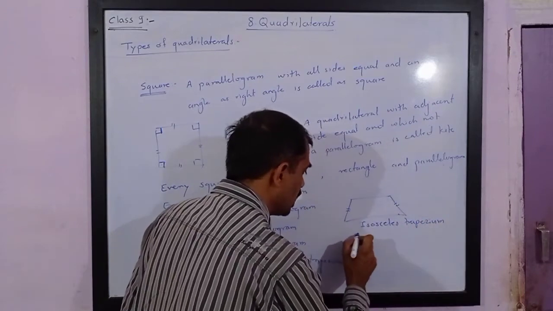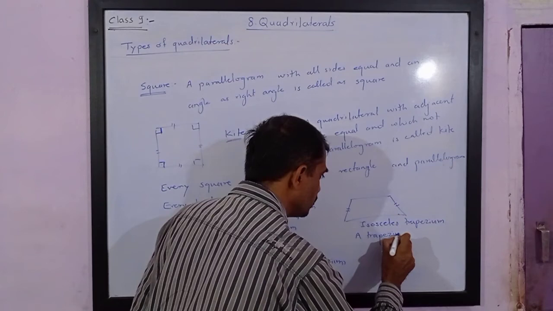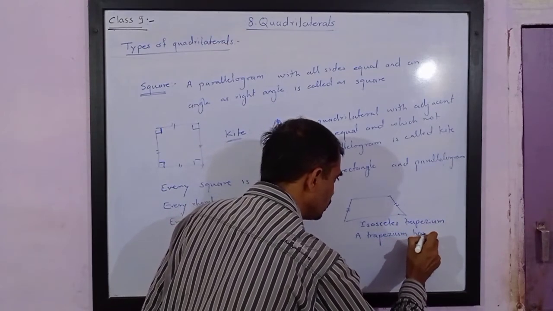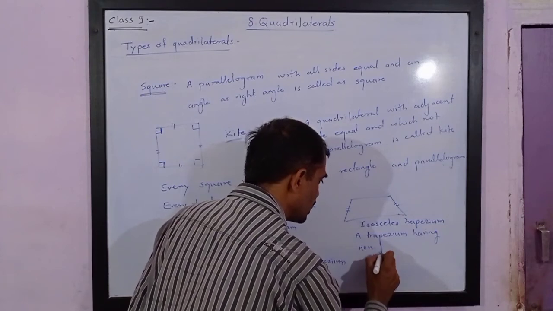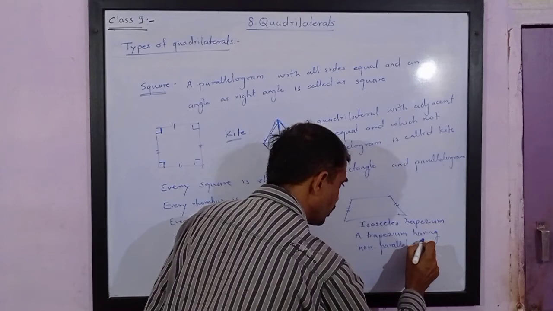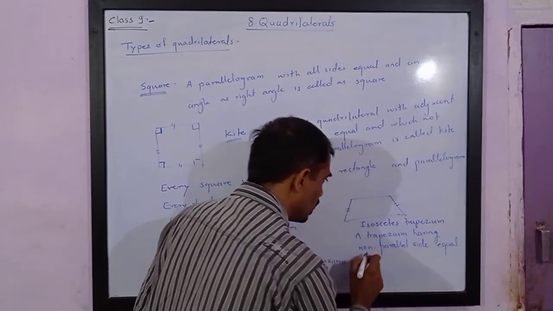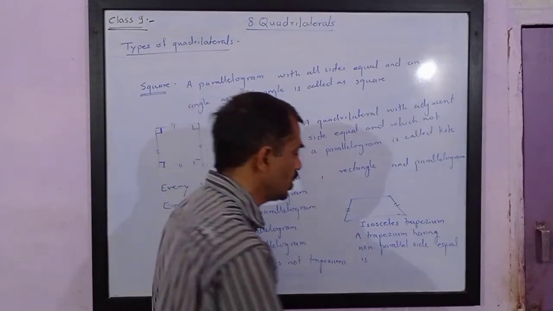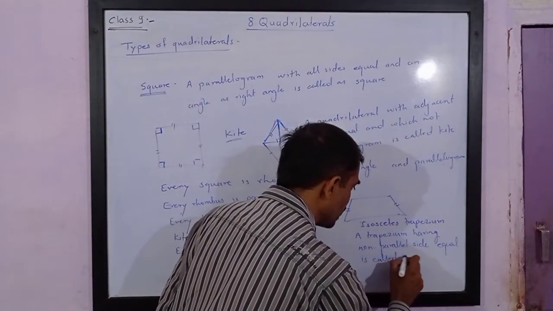A trapezium having non-parallel sides equal is called isosceles trapezium.